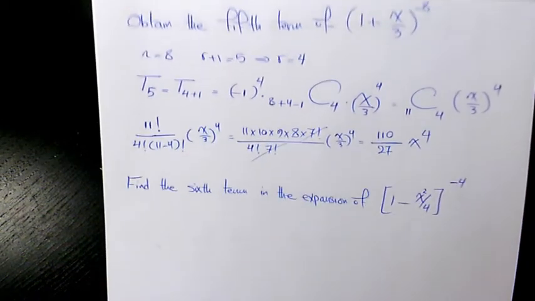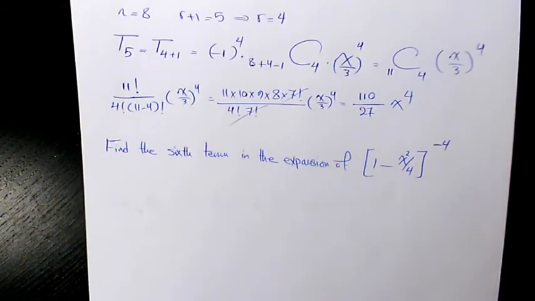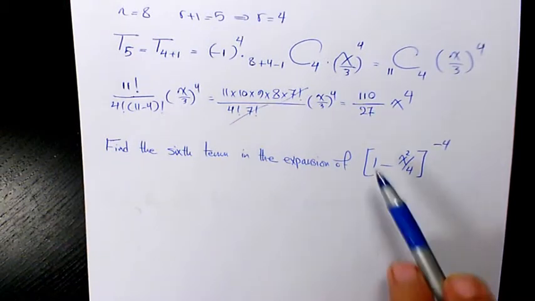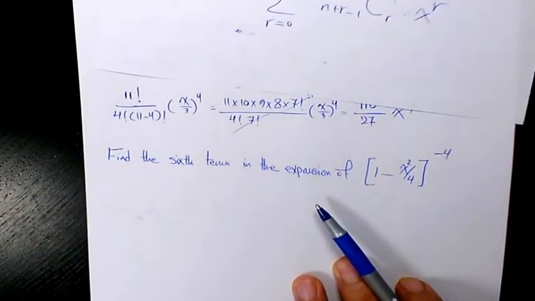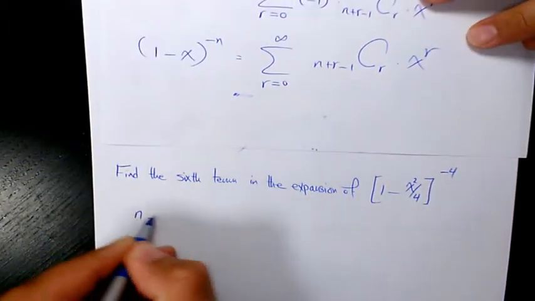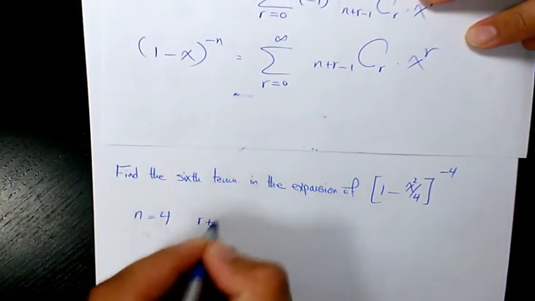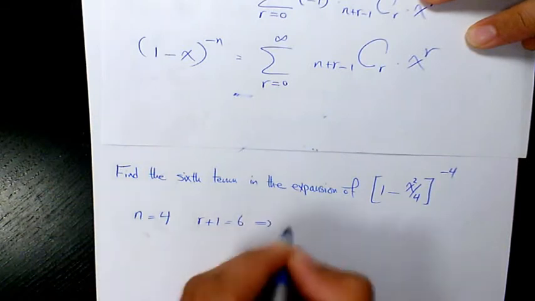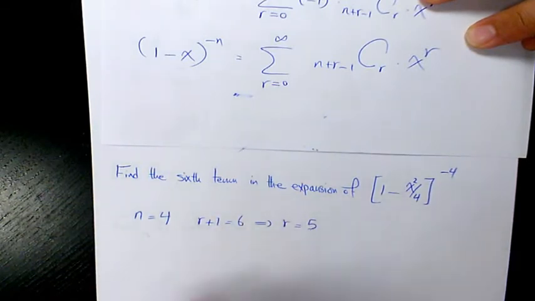Now let's look at the next example. It says find the sixth term in the expansion of 1 minus x squared over 4 to the power of negative 4. In this case, again, there's a minus in between, so we need to follow this one. So n is 4, r plus 1 is 6, so r is 5.